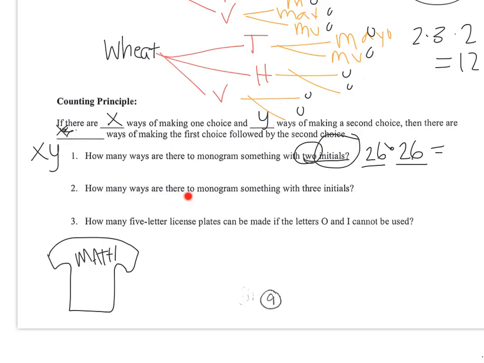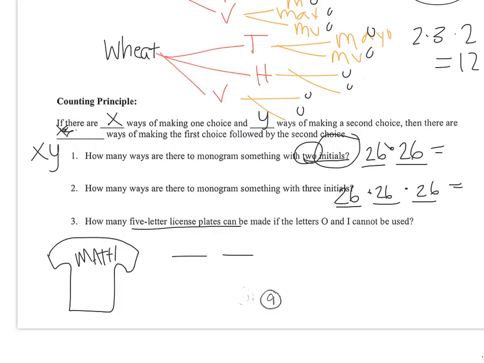How many different ways are there to monogram something with 3 initials? This 3 means I need to make 3 underlines. And so there's 26 choices, 26 choices, 26 choices, and you multiply them. How many 5-letter license plates?